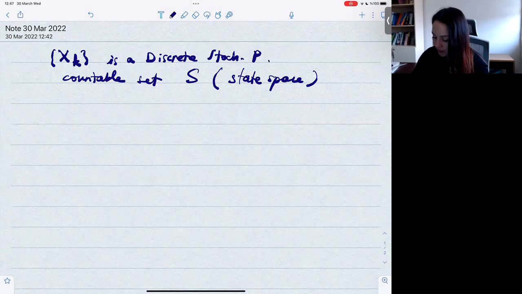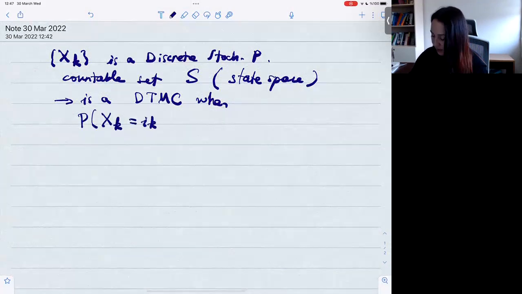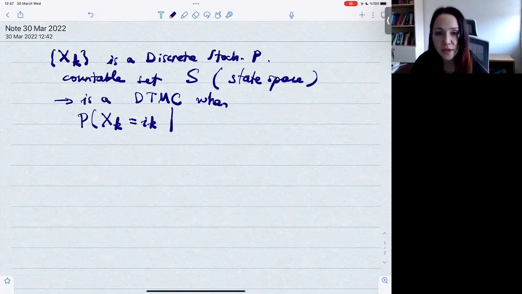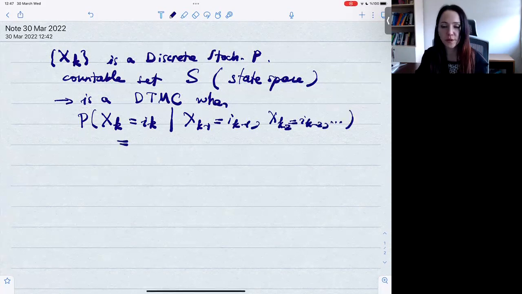Now, X sub k is a discrete time Markov chain when the probability that X sub k takes the value i_k, given that X sub k minus 1 was at i_(k-1) and X sub k minus 2 is at i_(k-2) and so on, is equal to what? Maybe you can help me here.